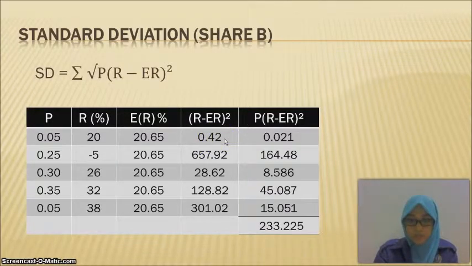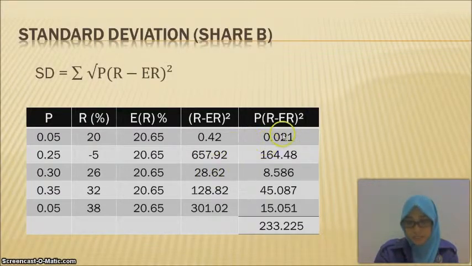Okay, same method for 0.25 probability, possible return -5 minus with expected return 20.65, then we square the answer, then we get 657.92. Okay, the same method is followed for all the probabilities.